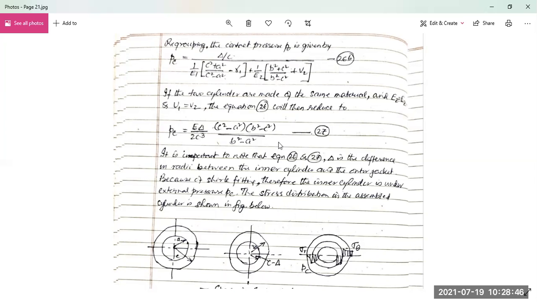So the equation will reduce to B square minus C square and C square minus B square into B square C square. This is important. Note that in equations 26 and 27, delta is the difference in the radii between the outer and inner cylinder.